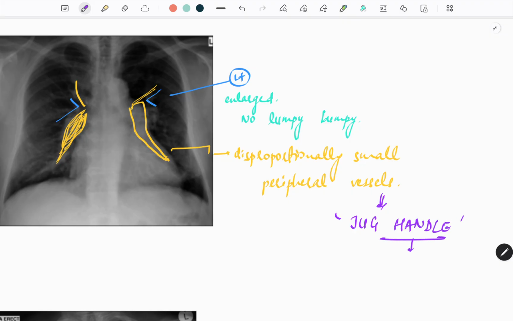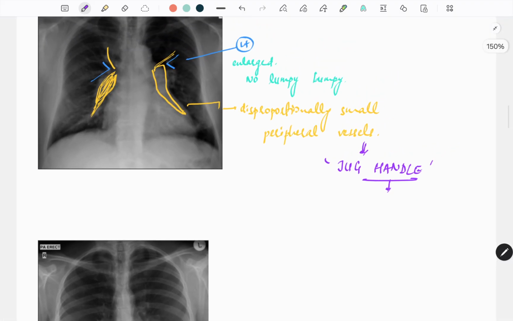And this is usually seen in pulmonary arterial hypertension.